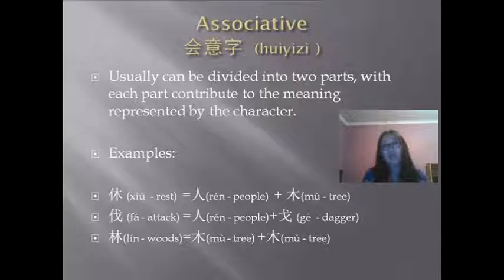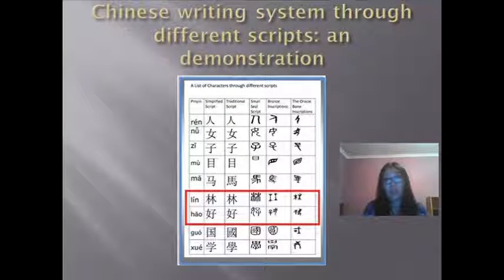The examples given here are 林, woods, like there are 2 trees in this character, and 好, which means to love. It shows a female and a child together.